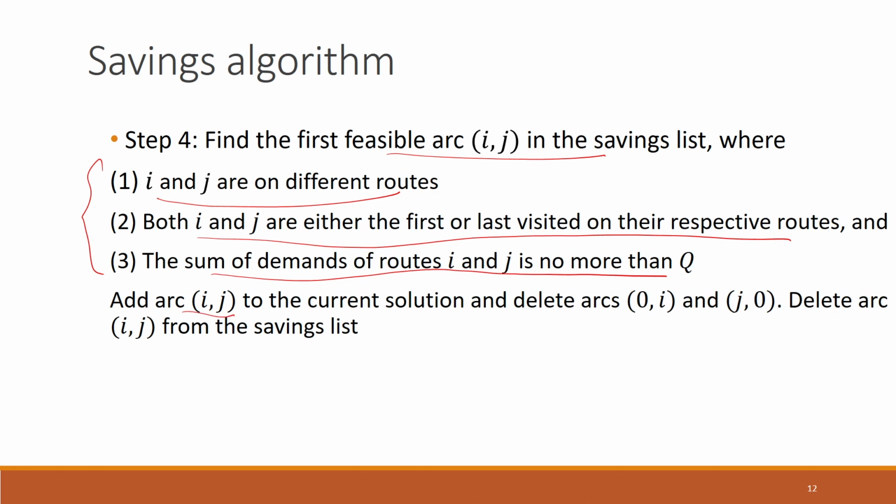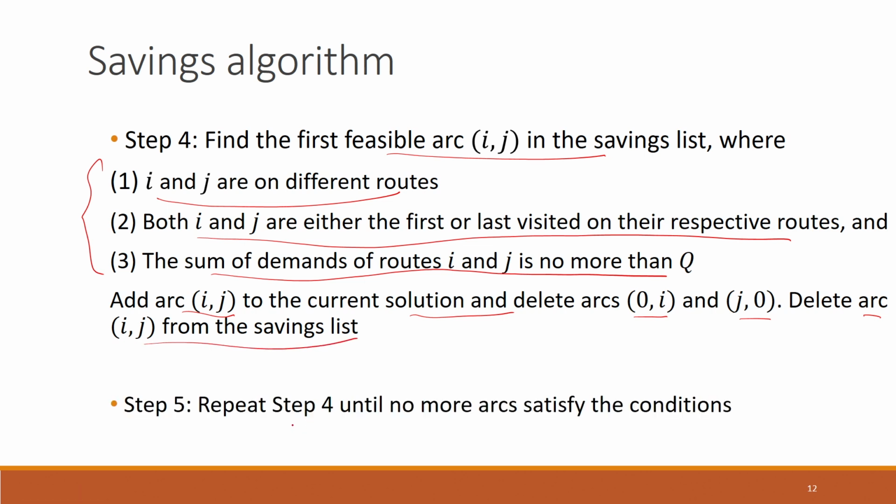We will refer to arc, link, and edge interchangeably in this course. So, we add this arc ij to the current solution and delete the arcs 0i and j0, and we also delete this arc ij from the savings list, and then we keep repeating this step 4 until no more arcs satisfy the conditions.